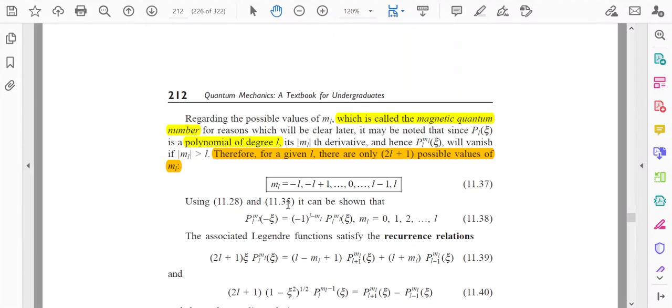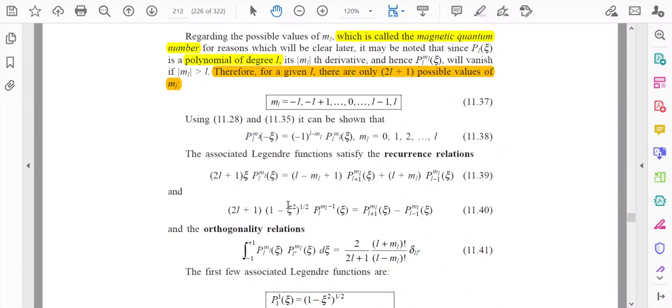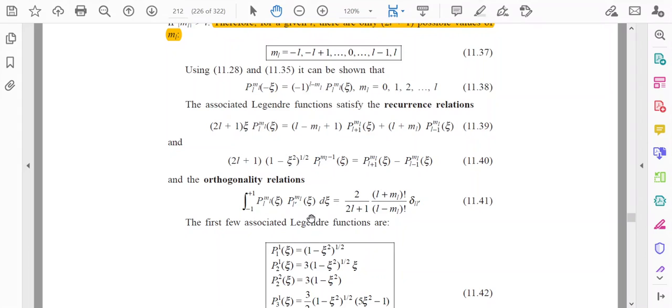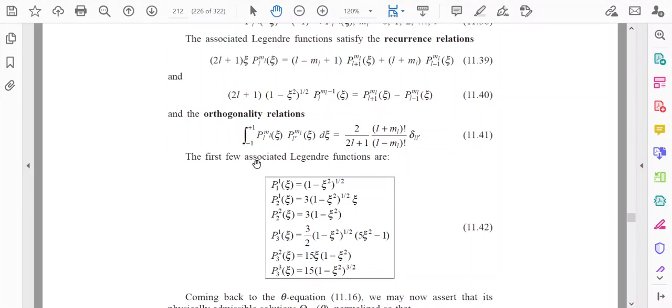Now for associated Legendre functions, there are some important relations. Those we are not discussing in detail; you can find them in any standard mathematical textbook. There are some recurrence relations which are also there in the case of ordinary Legendre polynomials. So these are the recurrence relations, and this relation is known as the orthogonality relation, and these are the associated Legendre functions for some specified values of L and M. We are not going to discuss the details of the mathematical steps.